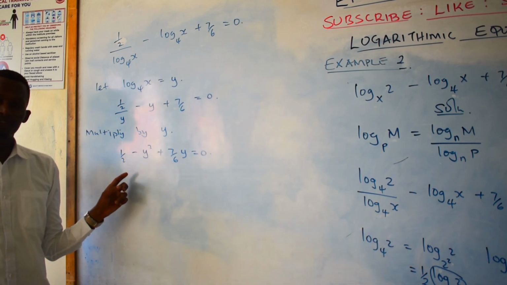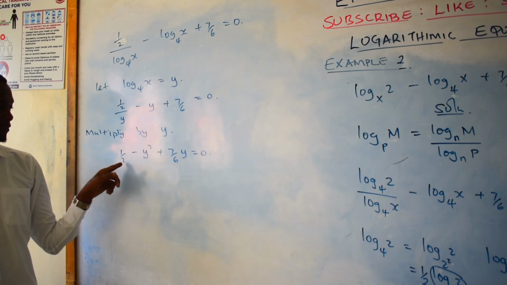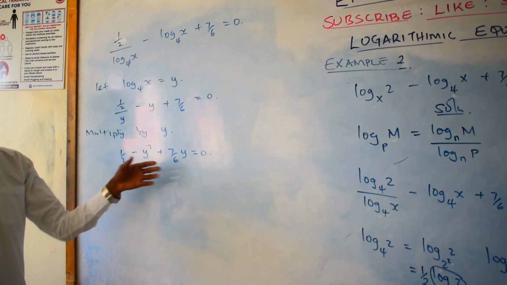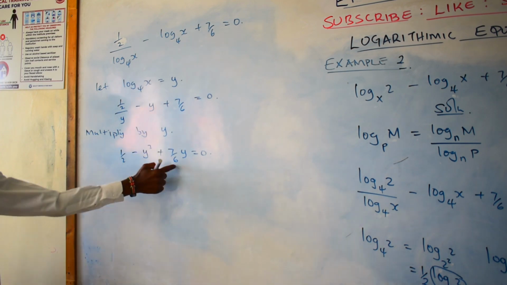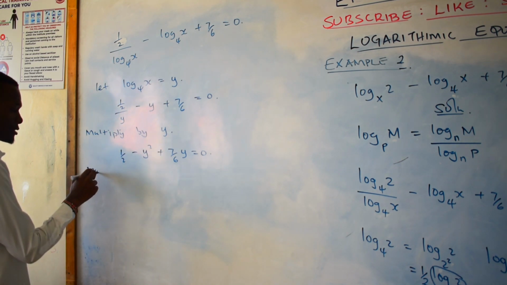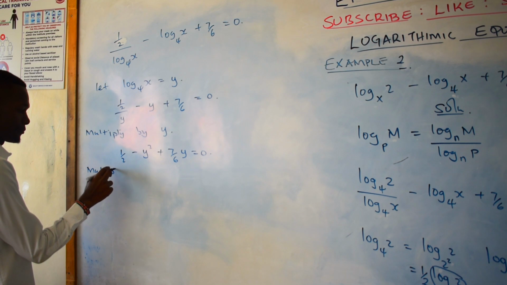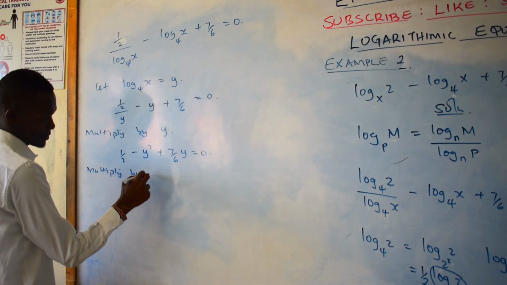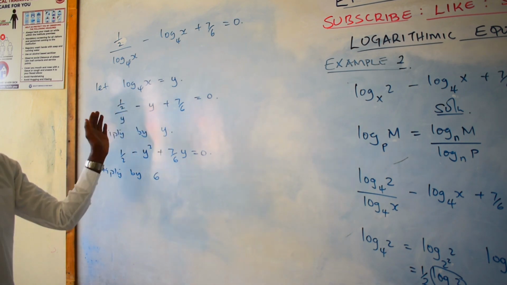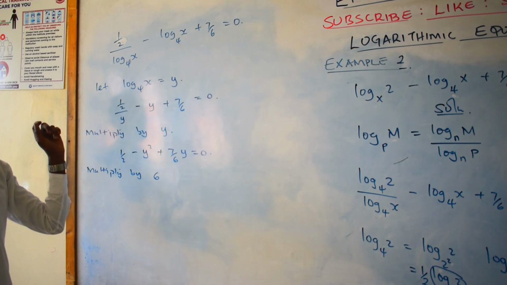Now we don't want to work with fractions. You can remove these fractions that we have here, the 6 and the 2. So you can find the LCM of 2 and 6, and basically it's just 6. So the LCM will be 6. Now multiply by 6.